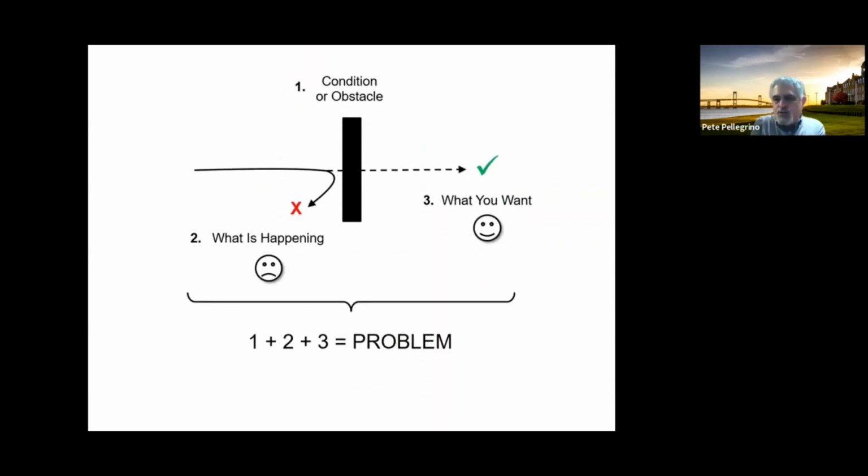Another way to represent this schematically is this little pictograph, where there's some sort of obstacle, which is causing a bad thing to happen, step 2 there. But what you really want to do is get over here to step 3. So all of these pieces together start to form a problem.